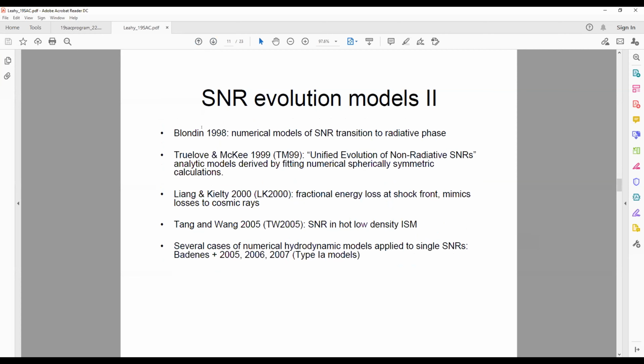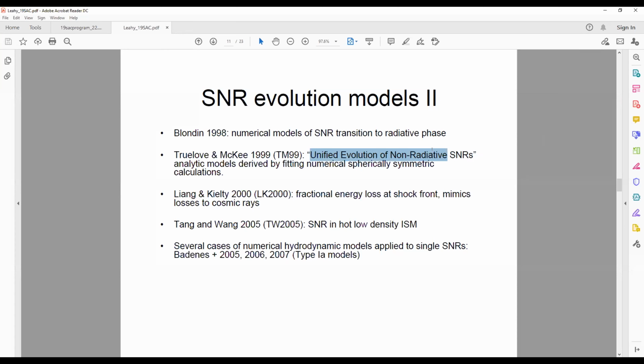Okay, so there's a whole bunch of models which improved description of supernova remnants using numerical models, both for the radiative phase and the Truelove and McKee work, which most people who do supernova remnants are familiar with, introduced this unified evolution, which basically included both the early self-similar phase and what's called the Sedov-Taylor phase, although what's called the Sedov-Taylor phase, I want to argue, is not really Sedov-Taylor.